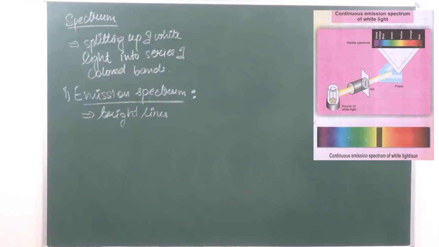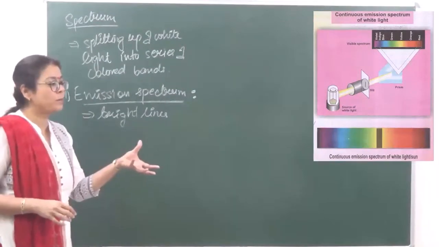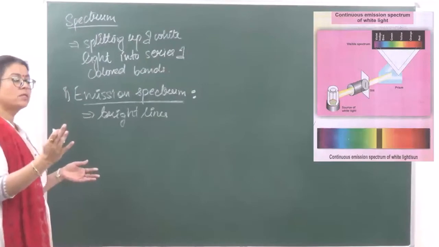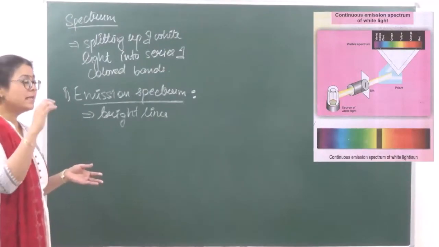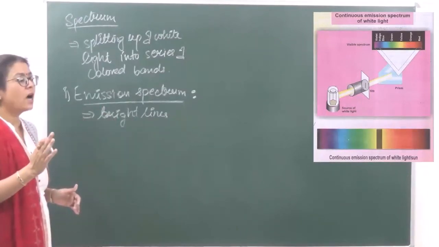And emission spectrum is obtained when radiations emitted by the excited substance, where we've taken a source of light, we help that source of light to pass through a prism, right? When it passes through a prism and we put a screen, then we see various bright lines coming on a dark screen.